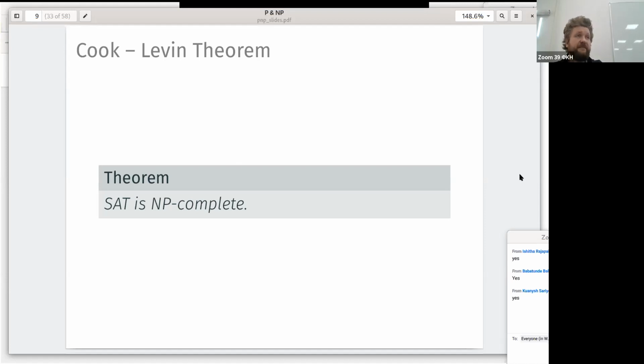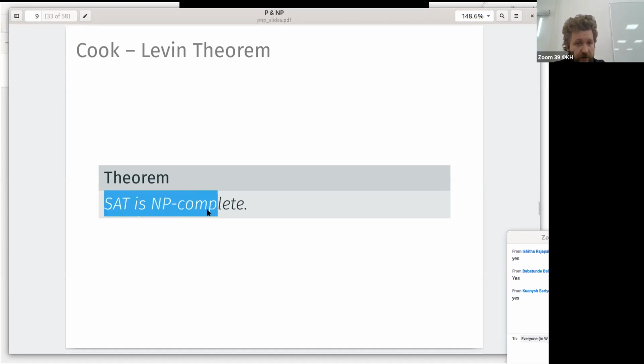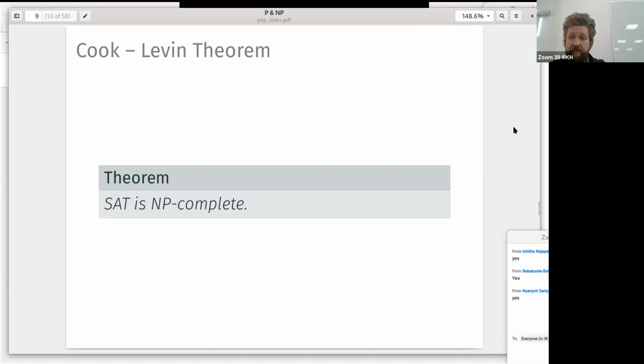So we know this is in NP and we have to show that it's NP hard. We don't have the opportunity to prove this by backwards reduction because we don't have any NP hard problems at hand right now.